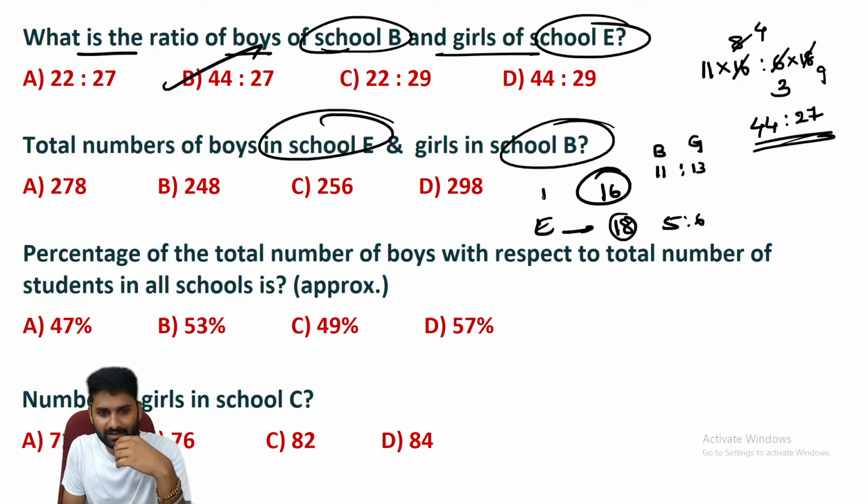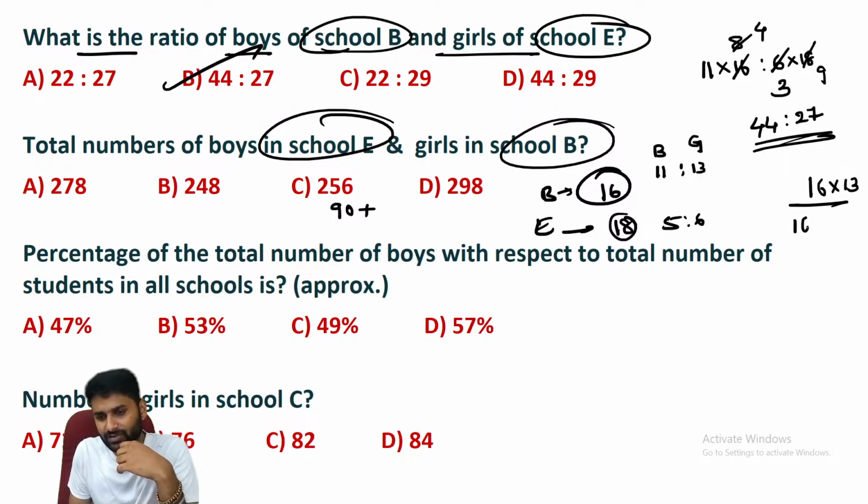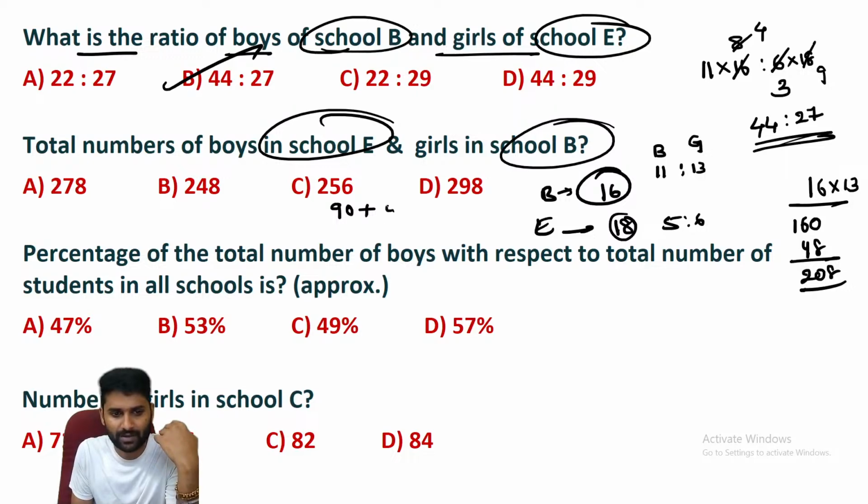Number of boys in E is 5 into 18, which is 90. Girls in B means 16 into 13, which is 208. The total value is 208 plus 90, which is 298.